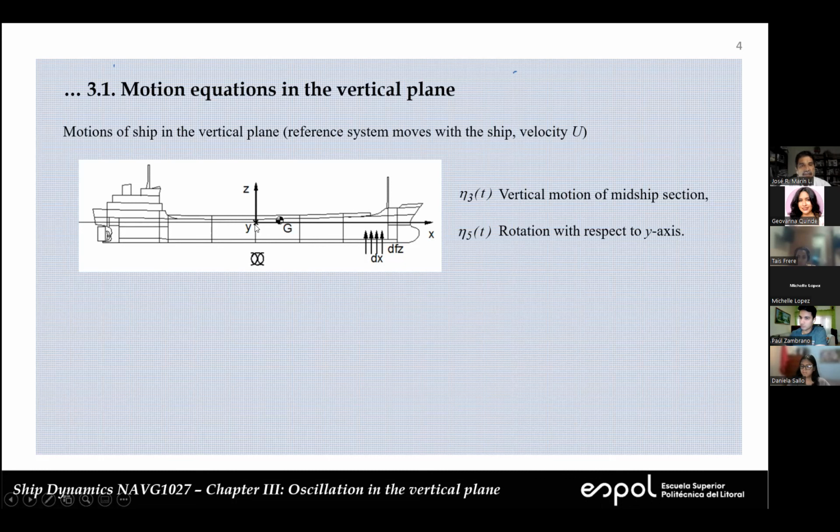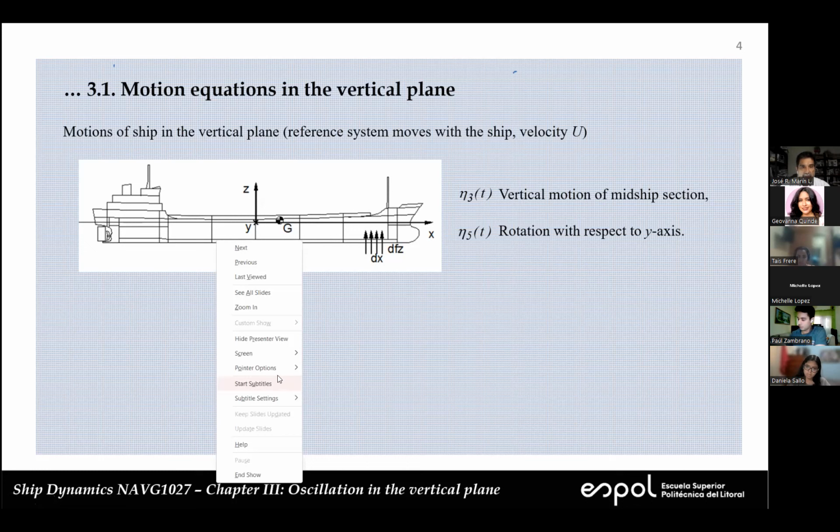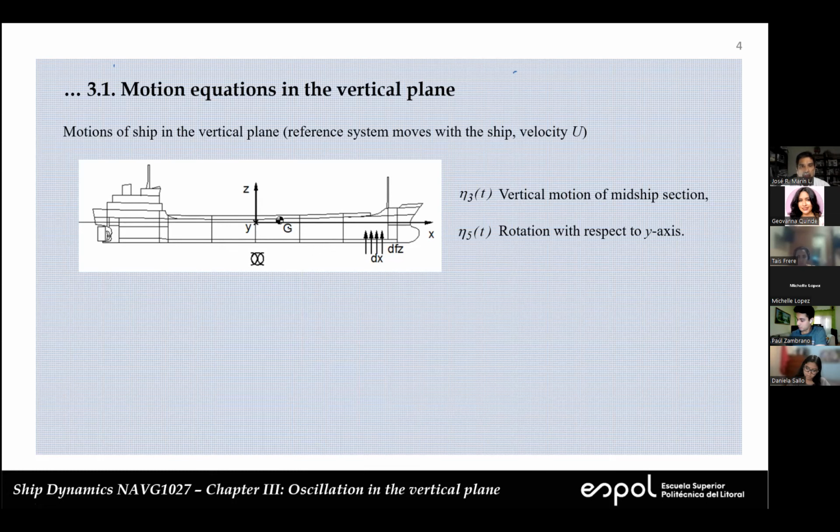Now, why do we put the origin of the system here and not on G? The problem is this, okay? To calculate all of this, we need the ship lines, okay? And usually, when you remember from naval architecture, what we do is we have sections, right? Remember here, I have section 0, and here I have section 10, usually, right?